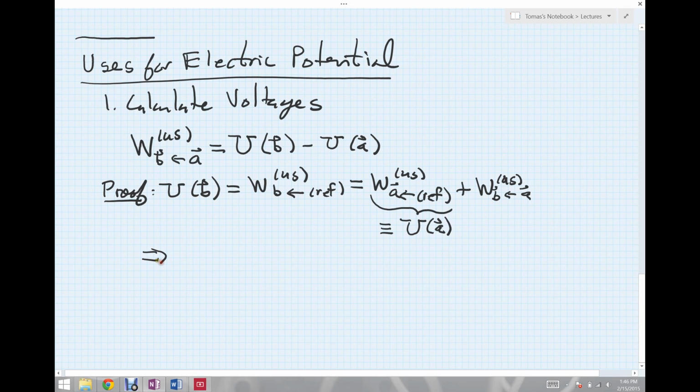So therefore, I conclude that the work done by us to move the object to B from location A is just going to be the potential energy at location B, minus the potential energy at location A. All right, well, that's a simple enough result.